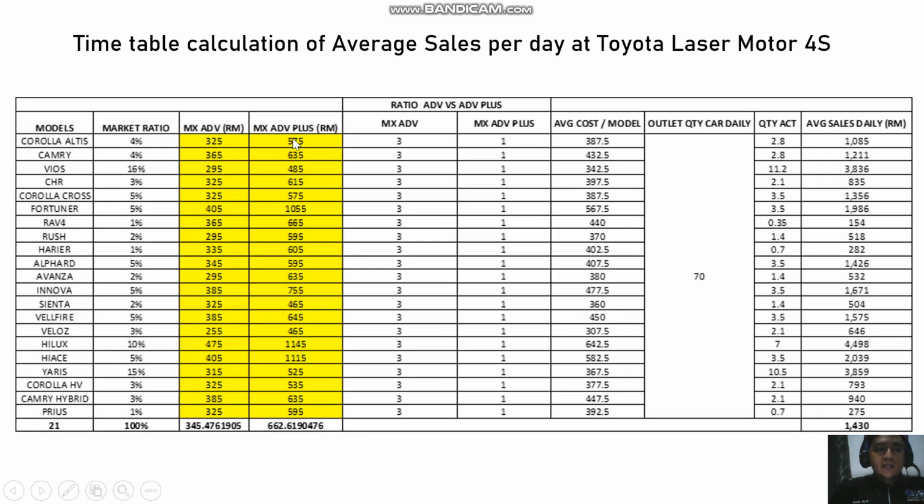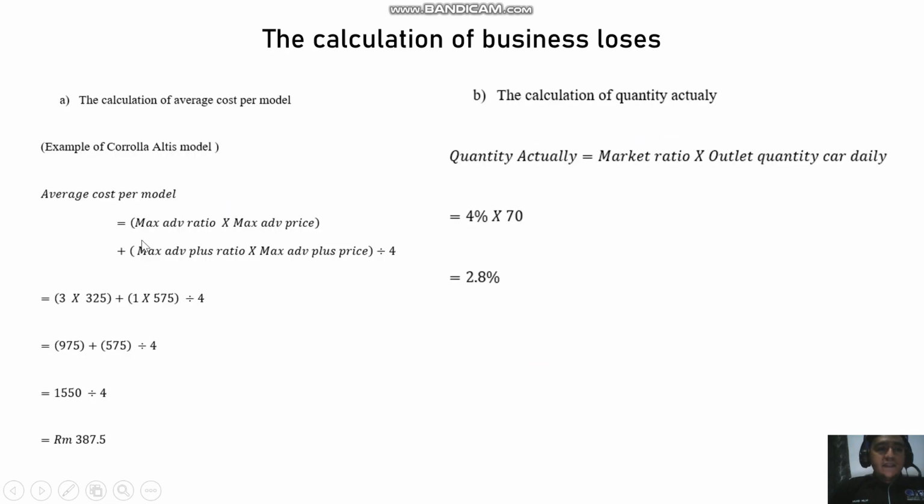To find the average cost per model, we must take the max Advanced ratio times Advanced price plus Advanced Plus ratio times Advanced Plus price, divided by 4. So the result is 387.50 ringgit.